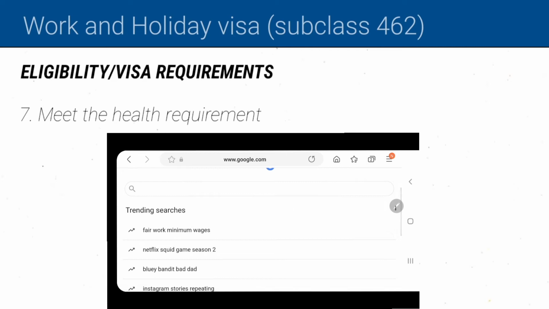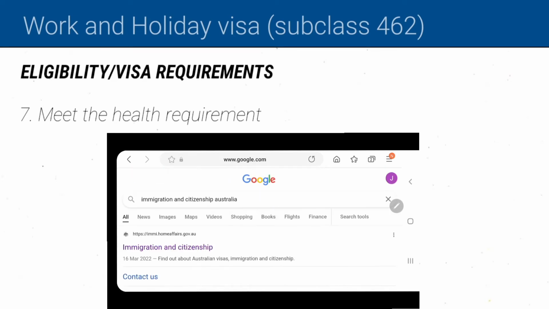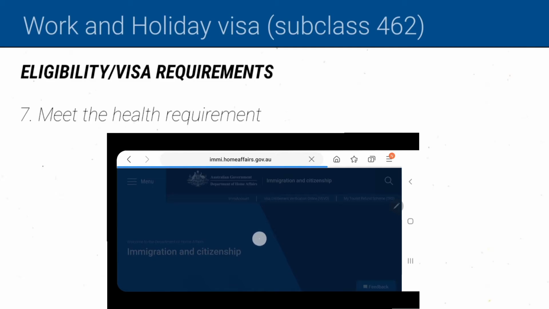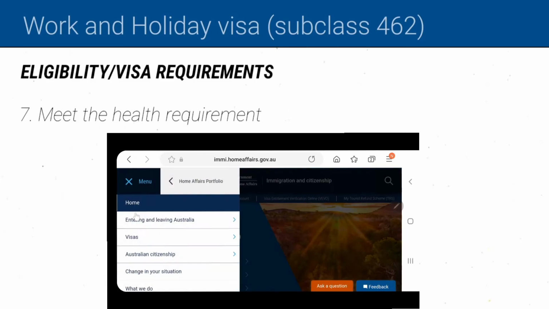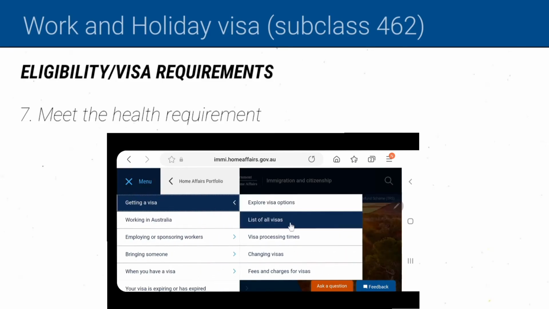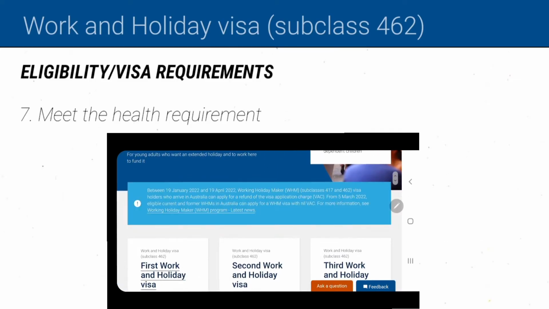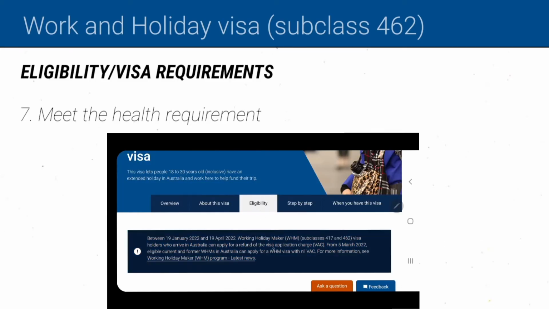If you want to check more about the health requirement and the low-risk countries, please follow me. Let's go to the Australia Immigration and Citizenship website. Click on Menu, click Visas, click Getting a Visa, click List of Visas, click First Work and Holiday Visa, click on Eligibility.